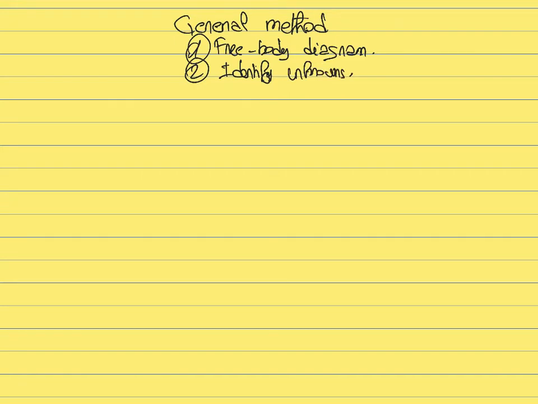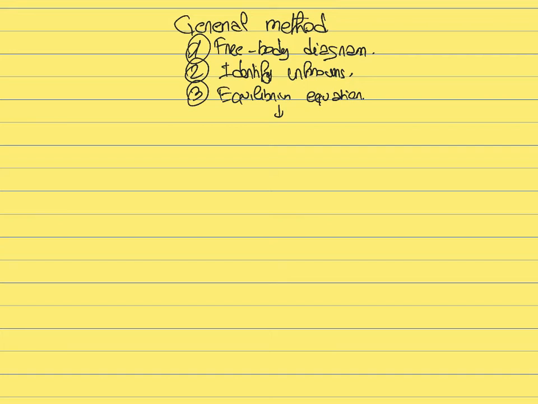This also doesn't change. Step three also doesn't change: you express the equilibrium equations on the entire beam. Now, at this point, there are different possibilities. You need to consider different cases.